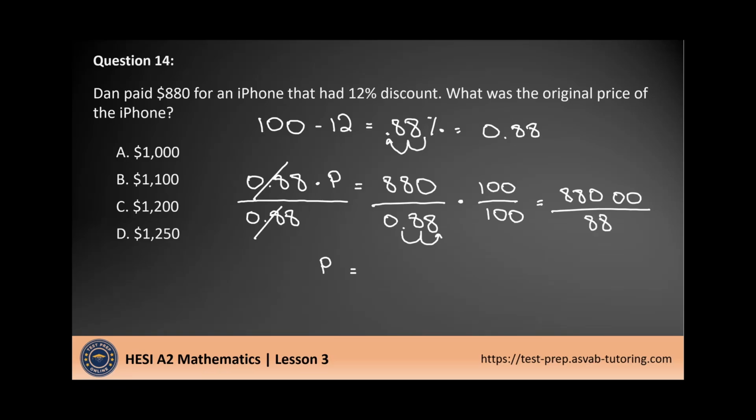Okay. And now we have 88,000 divided by 88. We'll divide out 88, so 88,000 divided by 88 is just 1,000. So therefore, P equals 1,000.